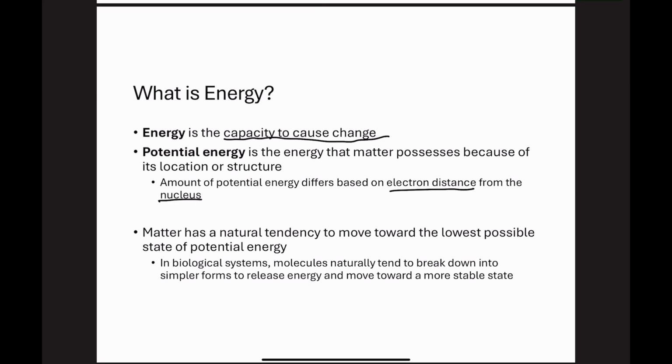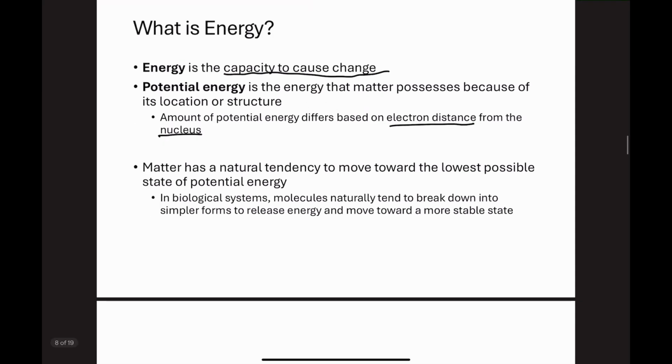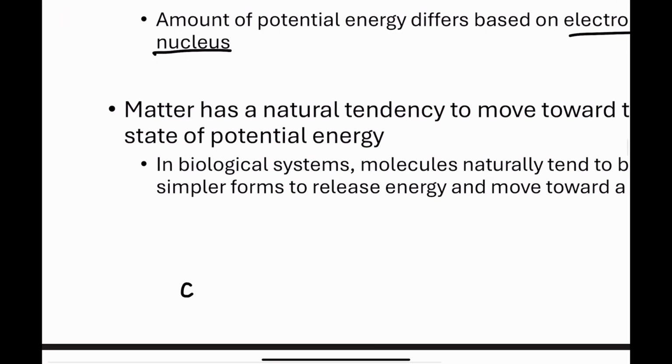We know that electrons have potential energy because of their positions relative to the nucleus. Let's just say that we have carbon. If we're going to describe the electron configuration of carbon, we have two energy shells, and every energy shell can hold a different number of electrons.